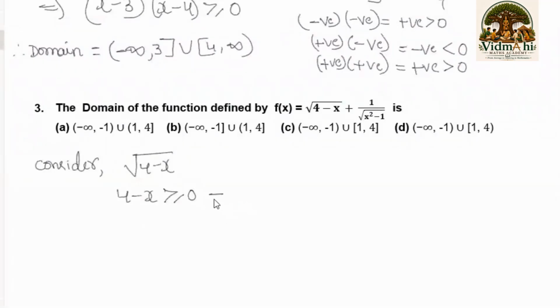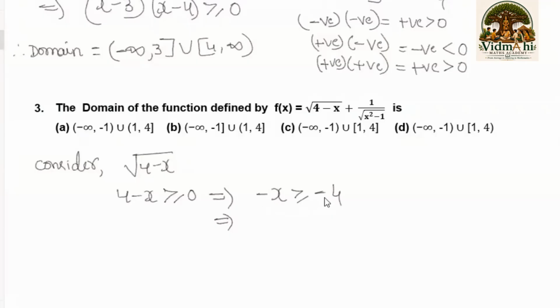So that here minus x is greater than or equal to minus 4. So minus on both sides will be there.